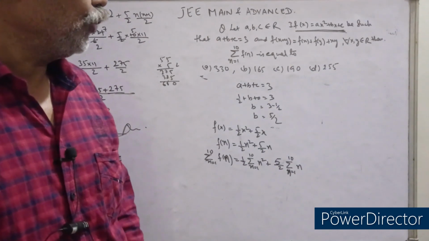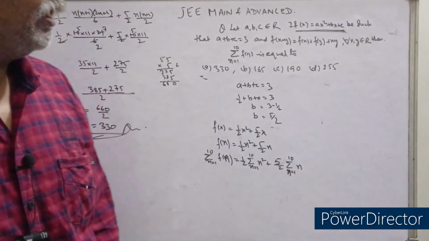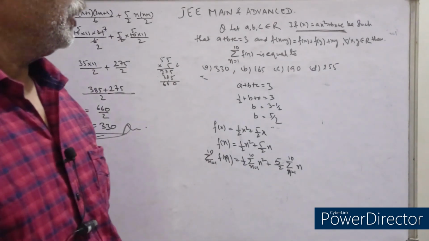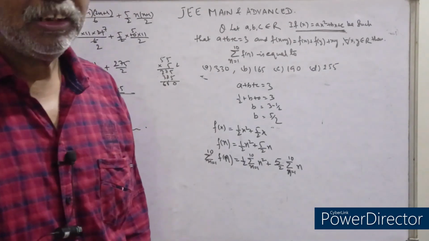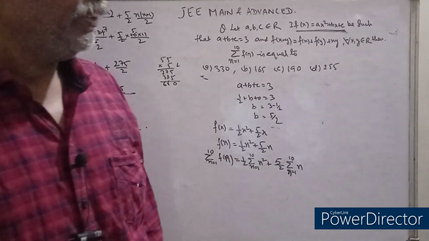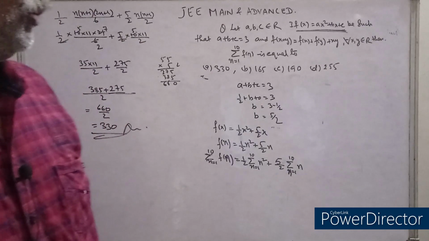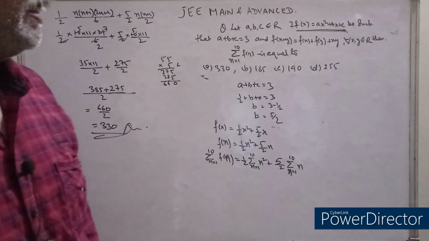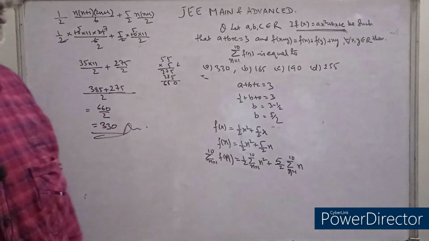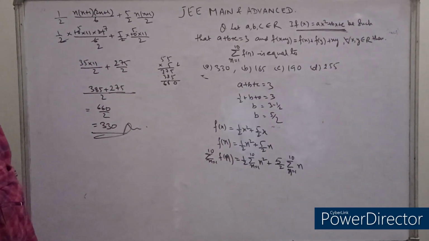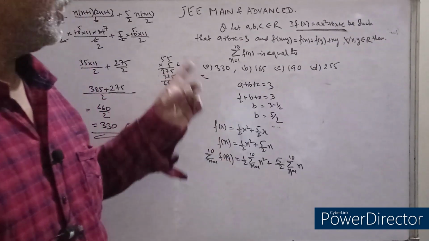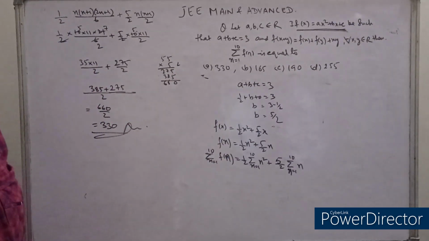At first you thoroughly complete your textbook, and then practice the maximum reference books available to you. After that, if you can solve the last 10 years' back questions, then I think you will surely be able to crack the JEE Mains or Advanced competition.